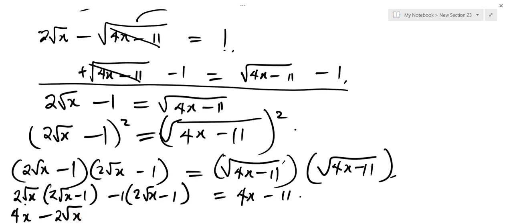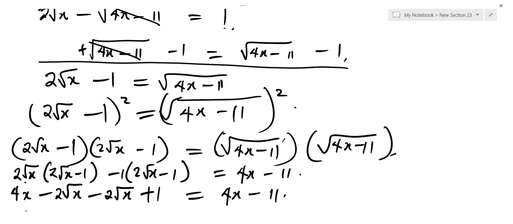Minus 1 times 2 times square root of x will give you minus 2 square root of x. Minus 1 times minus 1 will give you plus 1, which is equal to 4x minus 1.